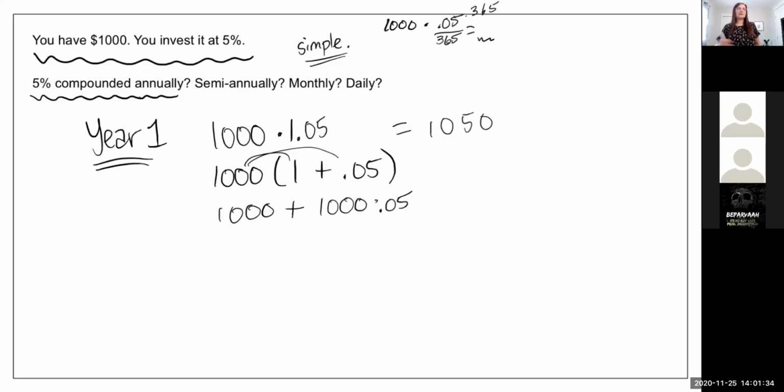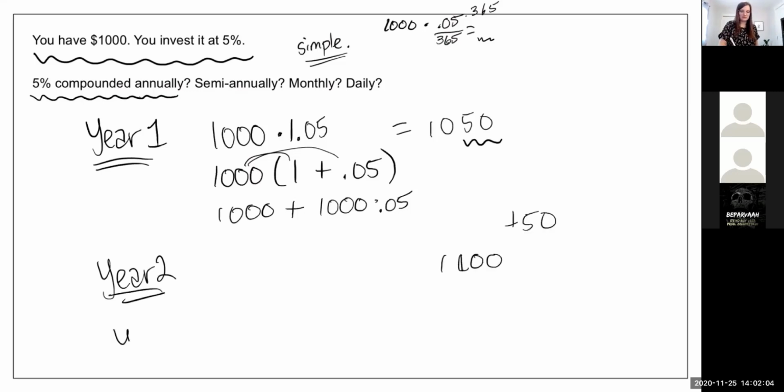So you get your amount in year one, and if you were only doing simple interest, you would just keep getting that amount of interest that would be the same each time, right? So you'd be getting that $50 extra each time. So if it was not compounded, then in year two, you would just get 50 more. In year three, you would just get another 50.